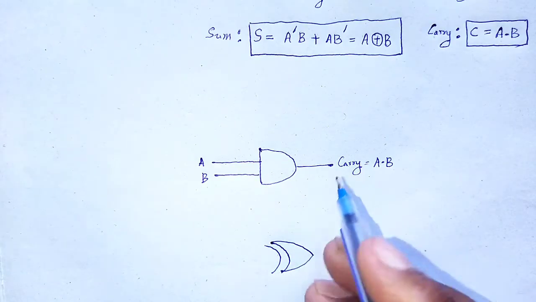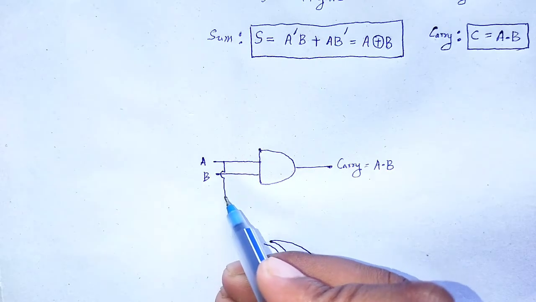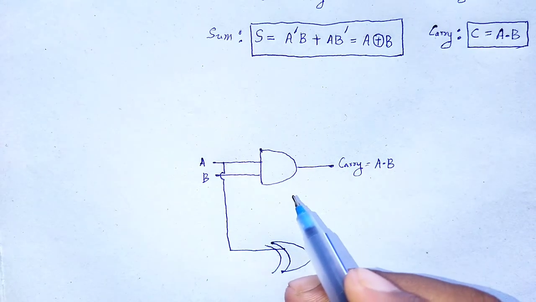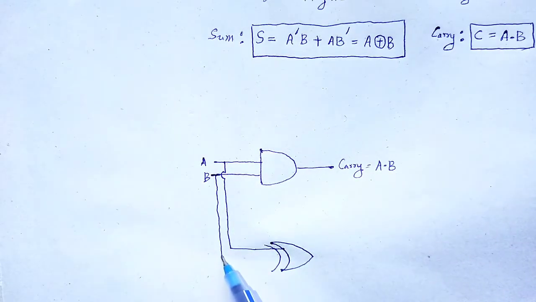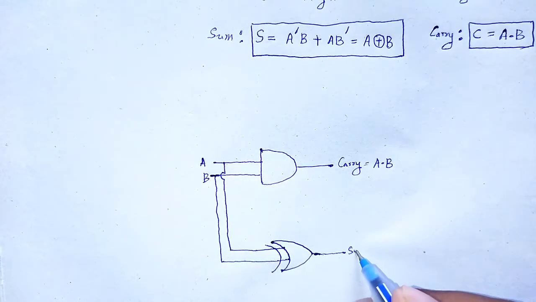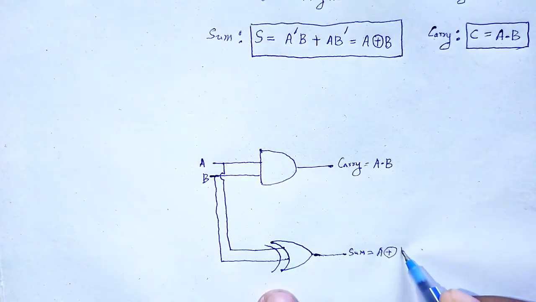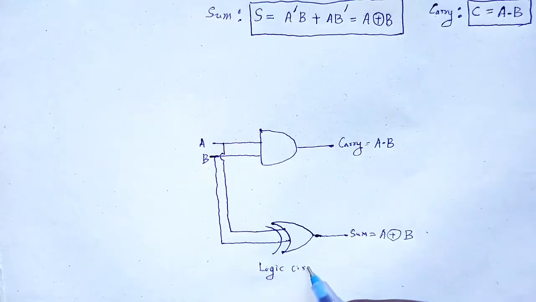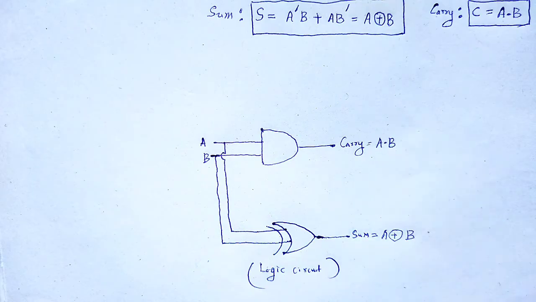It has the inputs A and B, and the output we obtain, that is the sum, is equal to A XOR B. That is the logic circuit for the half adder.